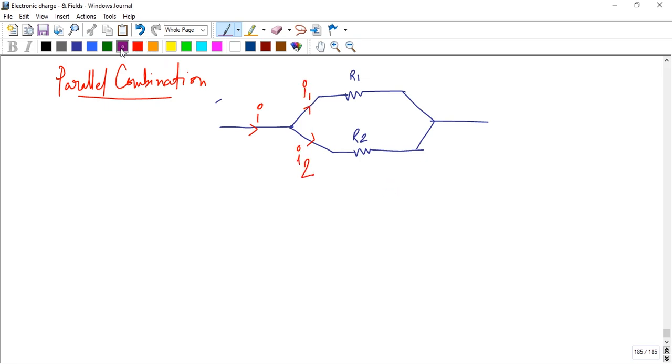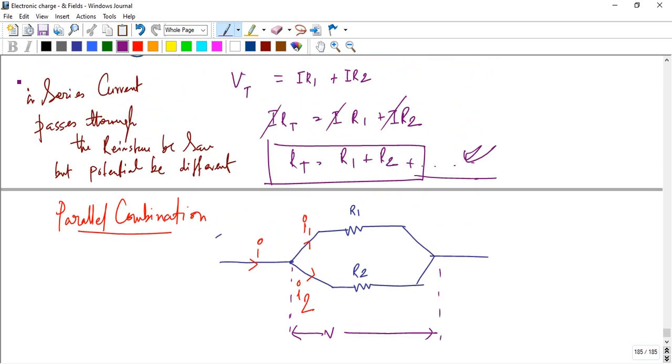In parallel, the important thing is that the potential is the same but the current is different. Like in series, the current through the resistors is the same but the potential is different; here it is the opposite, or reciprocal.